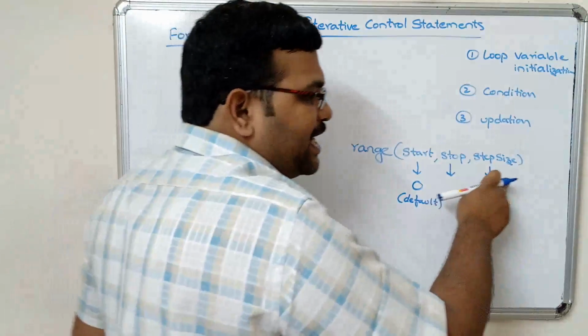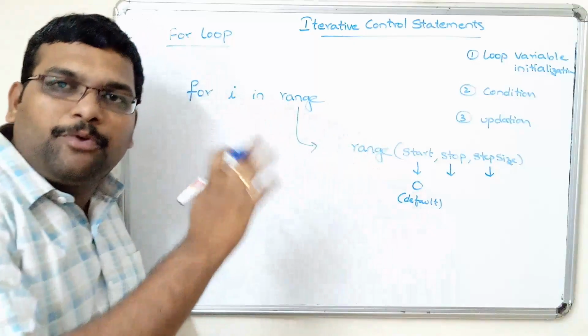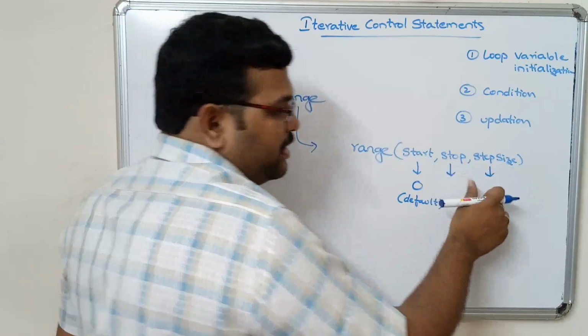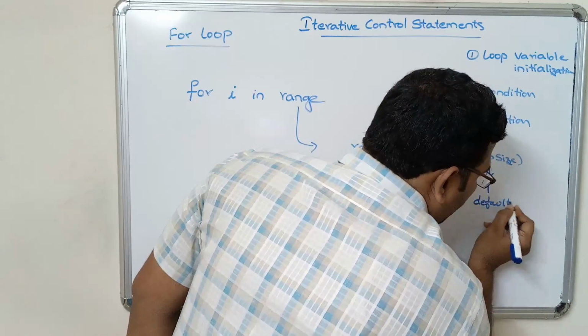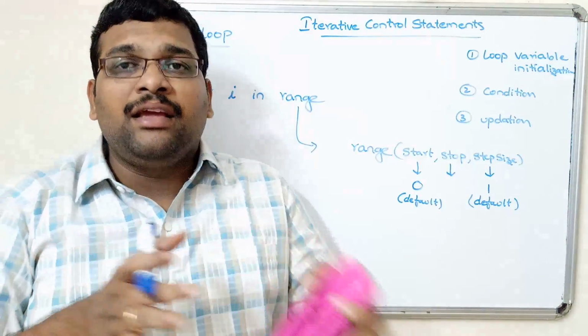And this step size, here also it's optional. This should be mentioned by the programmer. If the programmer doesn't specify this step size, the default value is 1. The default value is 1. That means just an increment.